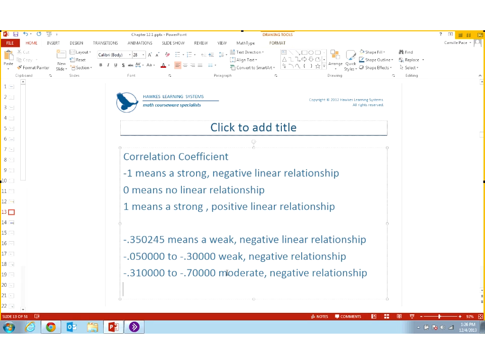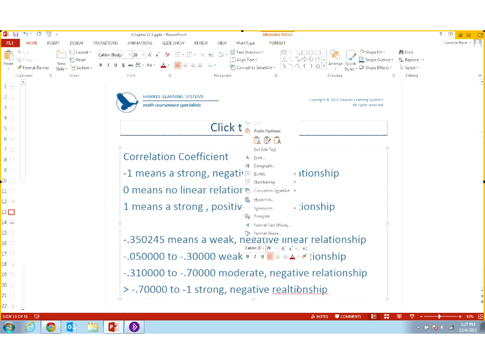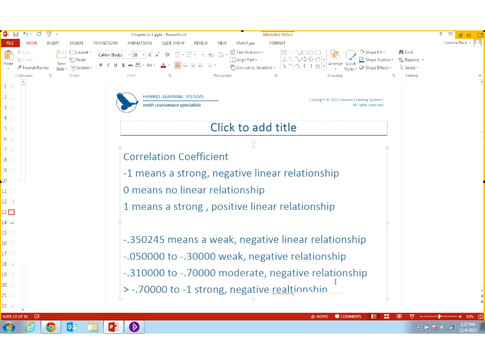And the final one, above -0.700 to -1 is a strong negative relationship. Okay? So you can change these negatives to positives, and the only thing that's going to change is negative would change to positive, and that's all that changes. So think of it as a scale that way. Okay? So let's keep going.